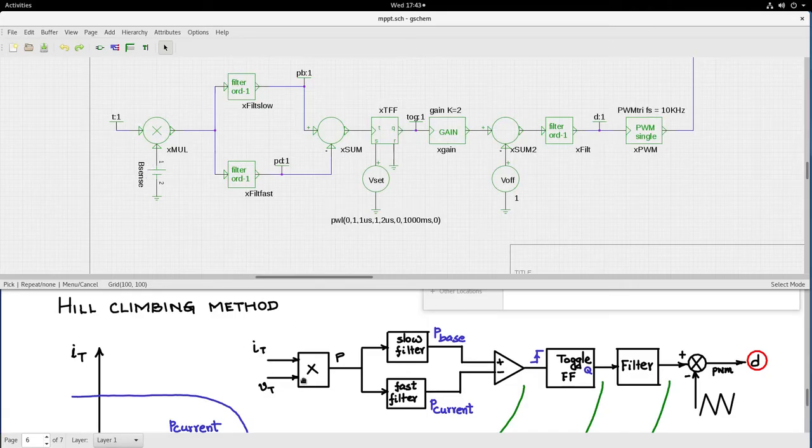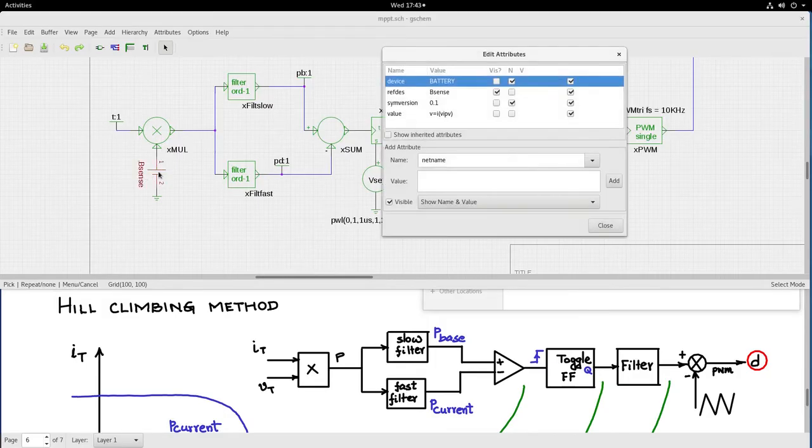Observe here, in the block diagram that we discussed, IT and VT are measured, sensed and passed to a multiplier to obtain P. Here also the voltage of this node VT is the terminal voltage of the PV source, and B sense is sensing the current of the PV source, which is the current flowing through the voltage source VI PV, which is set to a value 0.